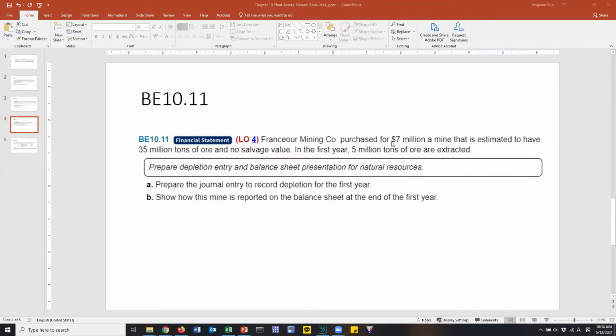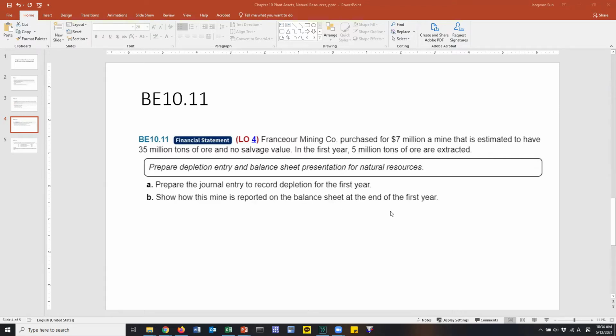Franco Mining purchased for $7 million a mine, which is estimated to have 35 million tons of ore and no salvage value. In the first year, 5 million tons of ore are extracted. A, prepare the journal entry to record the depletion for the first year. B, show how the mine is reported on the balance sheet at the end of the first year.